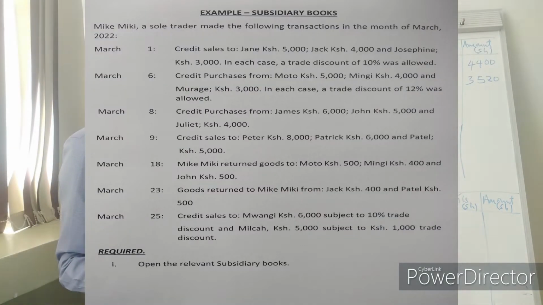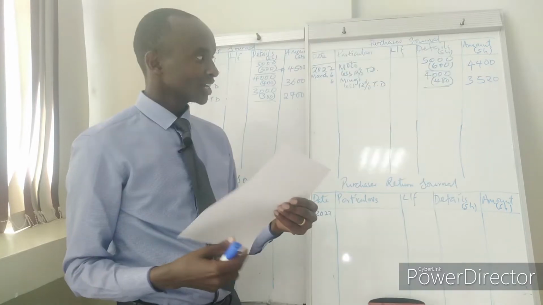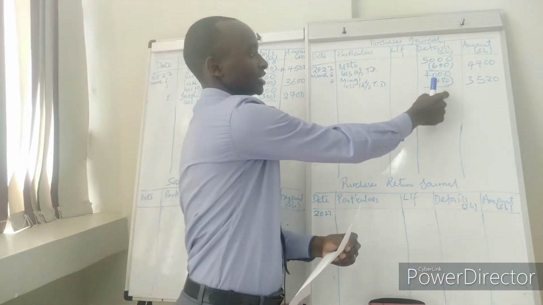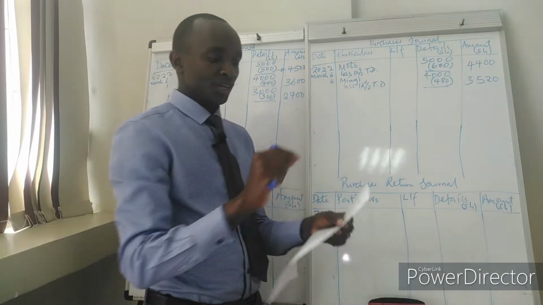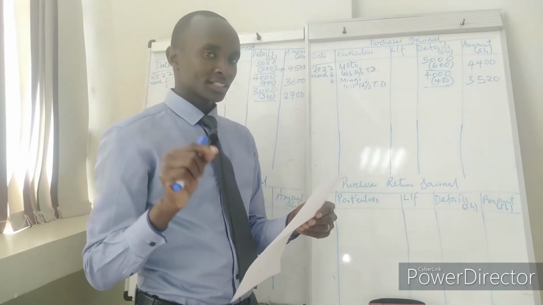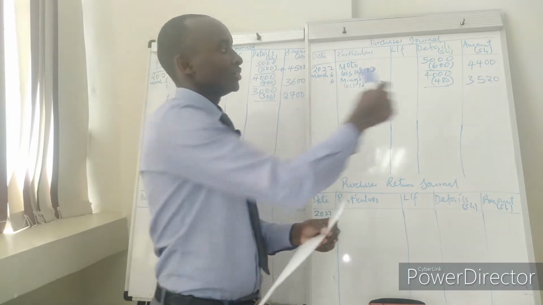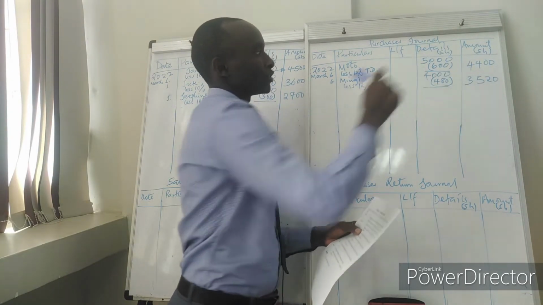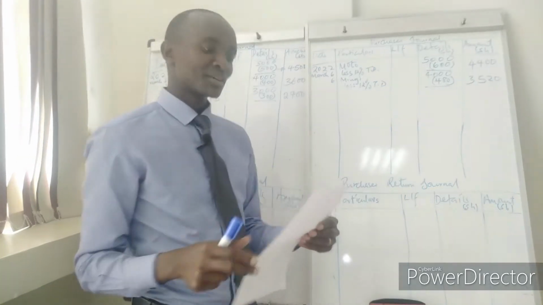We had Morage again, credit purchases from Morage, 3,000, and in this case, 12% was allowed, right? So before you decide whether to write the 3,000 on the details column or the amount column, you ask yourself, was there a trade discount? If yes, you must adjust for trade discount here at the details column before taking the final net figure to the amounts column.